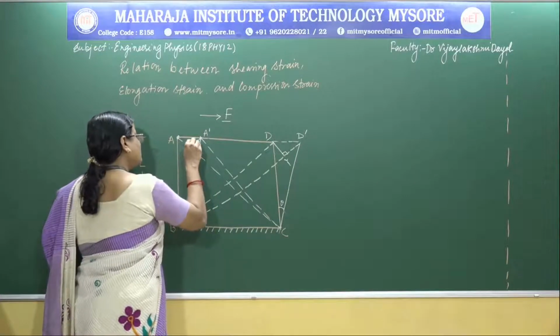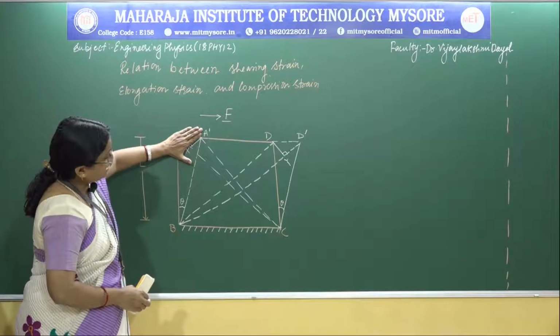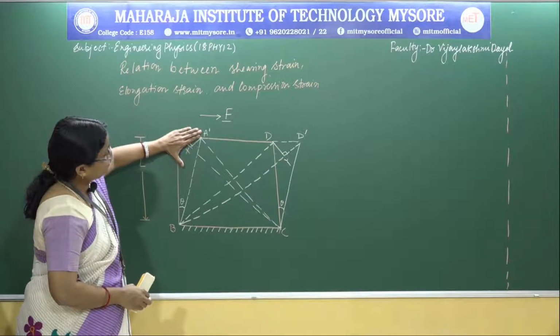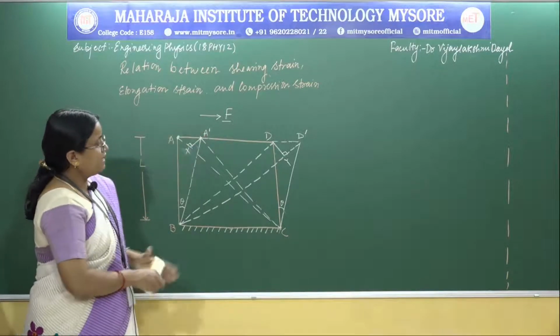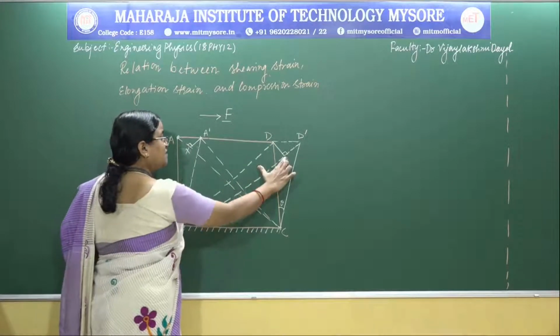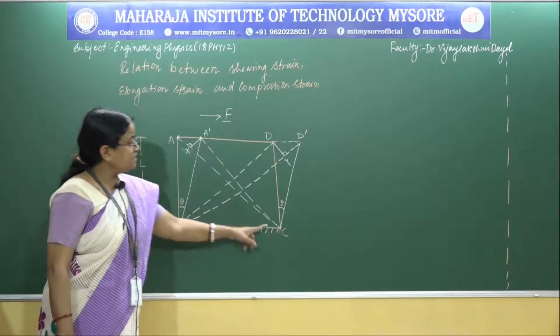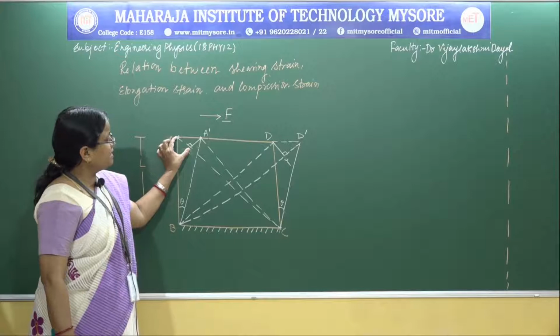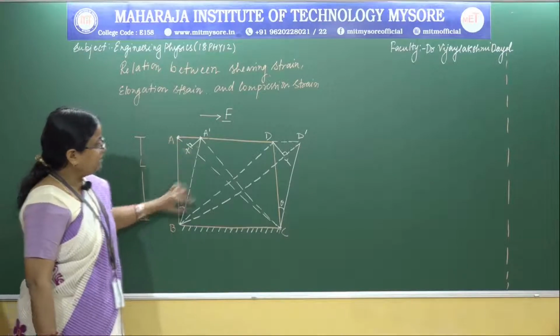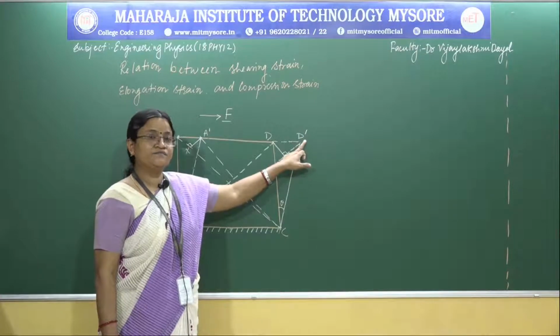Now what we can observe is that A dash C is equal to XC and BD and BY are equal. So AC got compressed by AX and BD gets elongated by YD dash.